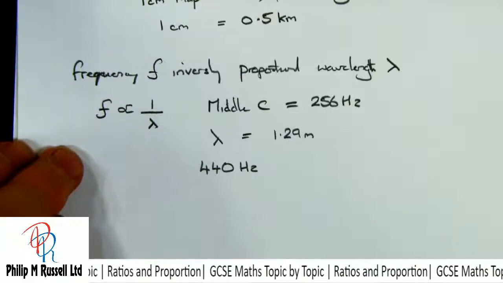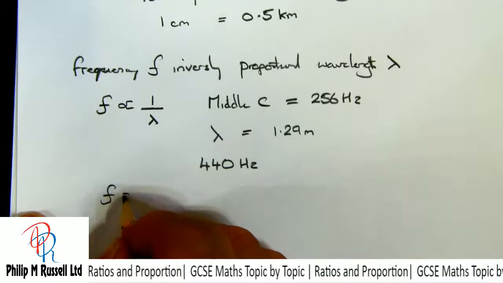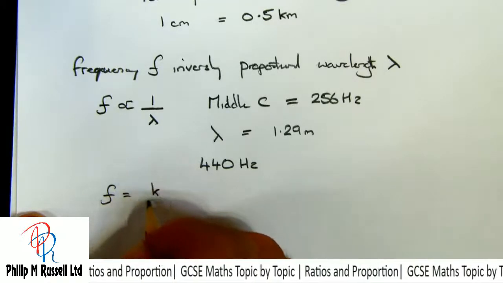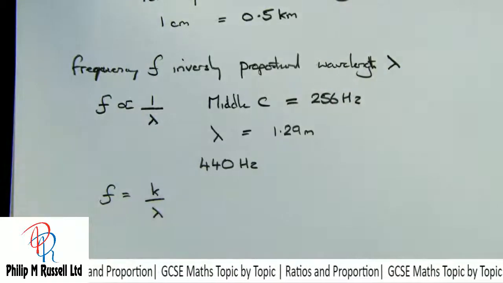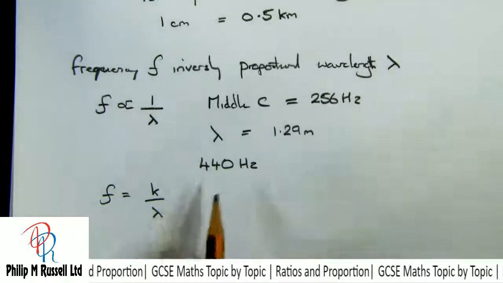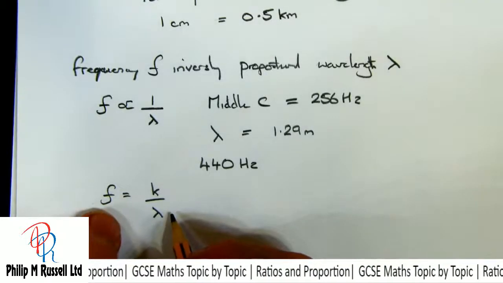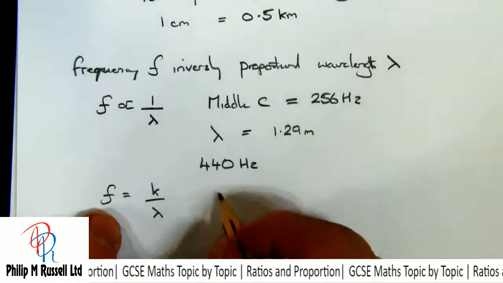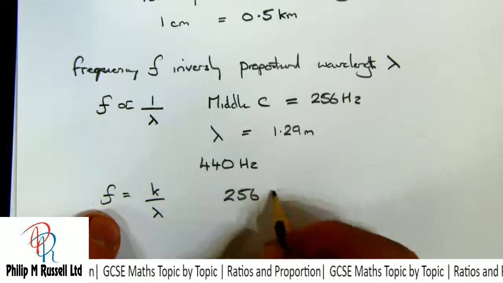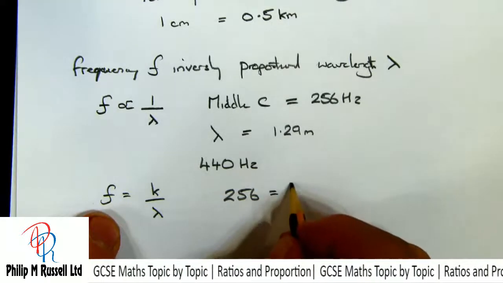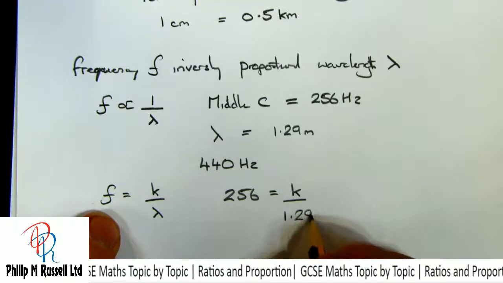Let's use the formula to try and help us. Frequency here equals K over lambda. Don't let the symbols put you off. So my frequency here, 256, equals my constant over my wavelength.